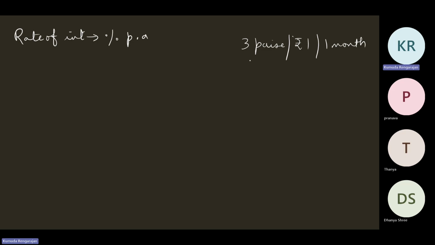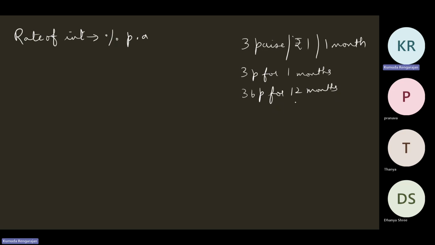You can also do this. It's 3 paise for 1 month. So for 1 year, how much? For 12 months, it will be 12 into 3, 36 paise. It's 36 paise for 12 months.